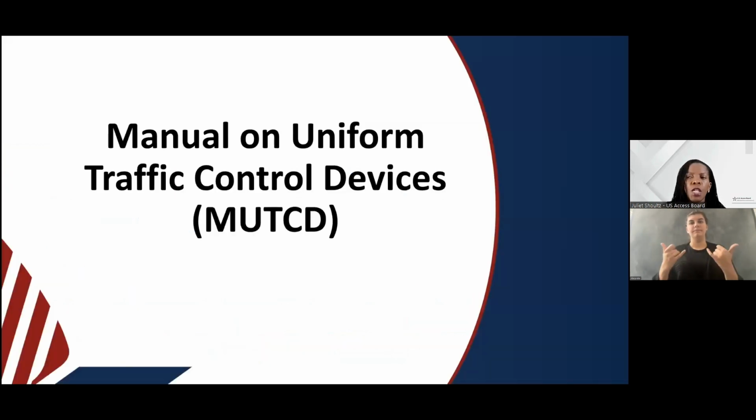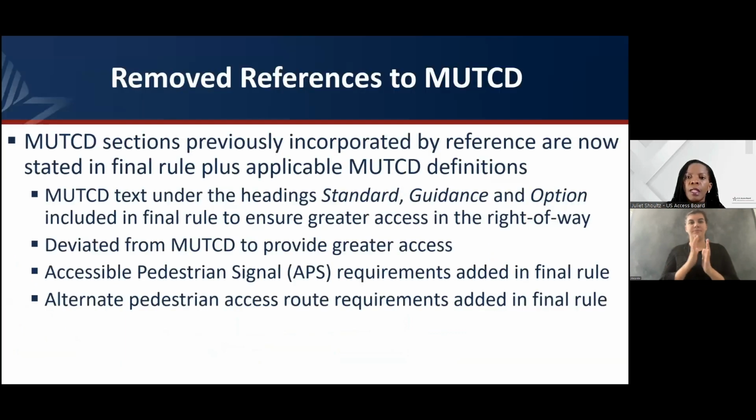We'll now talk about changes as it relates to the Manual on Uniform Traffic Control Devices. As you may have noticed, we have removed all references to the Manual on Uniform Traffic Control Devices. The pertinent sections have been directly included in the rule text.